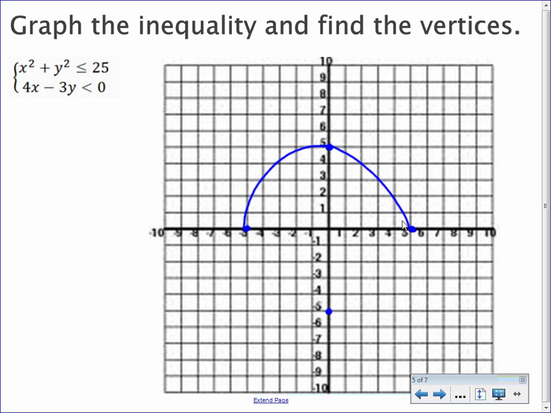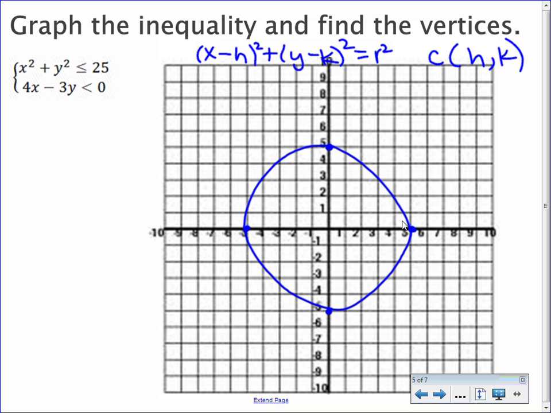Okay, let's recall geometry really quick. A circle, x minus h squared plus y minus k squared equals r squared, where the center is at (h, k). That's something that you learned in geometry, something we talked about last year when we were preparing for the NISA.